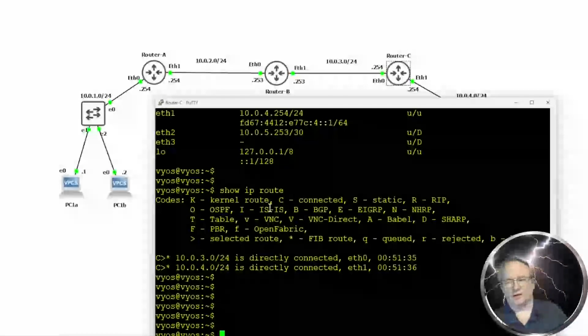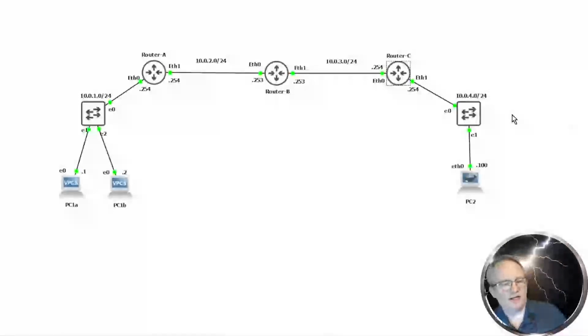Let's take a look at router C. Router C is what we call a stub router. A stub router has a link to only one other router. Router C is connected to router B. Now, network 4 is also a stub network because network 4 only goes to router C. There's only one router on there. That's why PC2 has its default gateway set to 10.0.4.254.